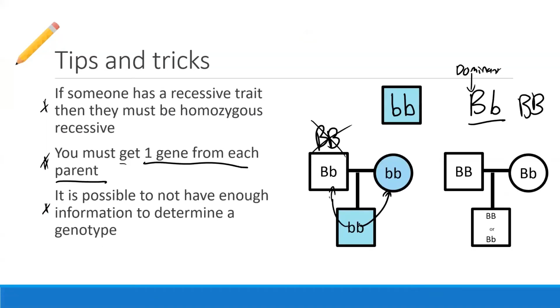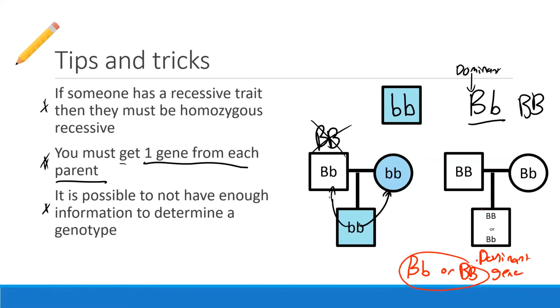So we can't know from this information, because either this person's got a white color, or this person is showing the dominant gene. So it's either BB or Bb, but we don't know which is the case.